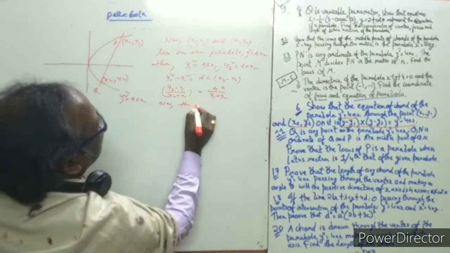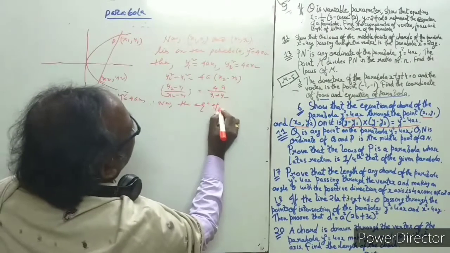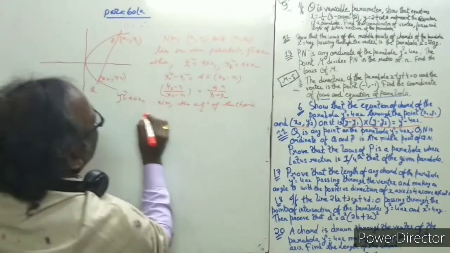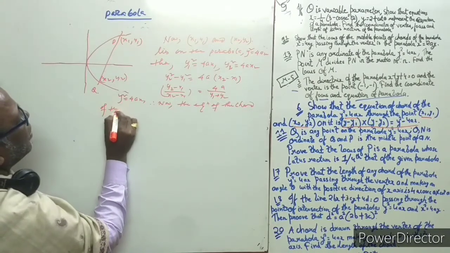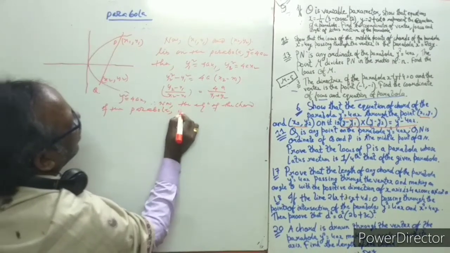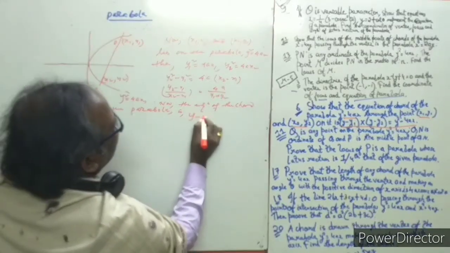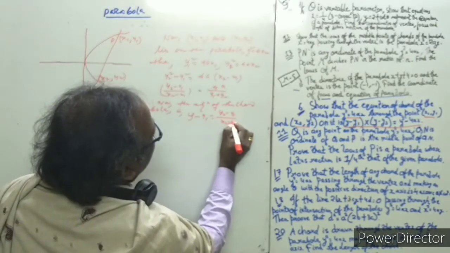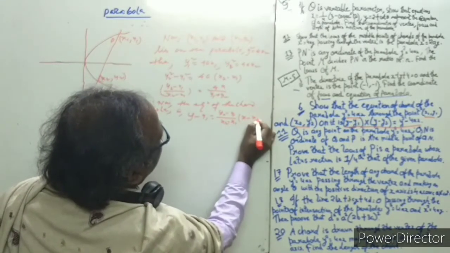Now the equation of the chord of the parabola is y minus y1 equals (y2 minus y1) by (x2 minus x1) times (x minus x1).